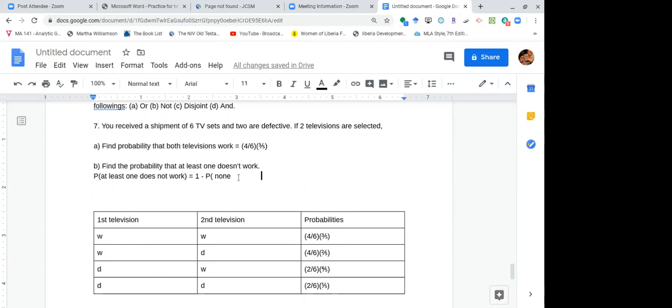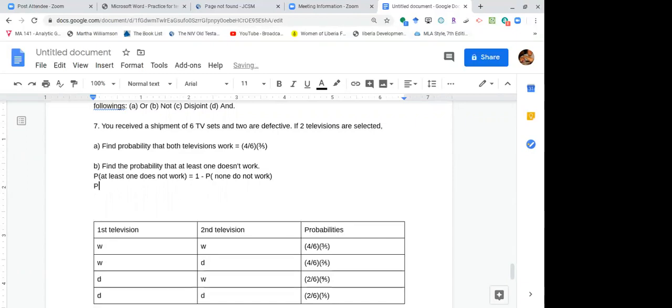So this is a double negative. This is a little weird. None do not work means that essentially the probability that at least one does not work equals 1 minus the probability that all work. Okay? So 1 minus 0.40. 12 out of 30. Yes.